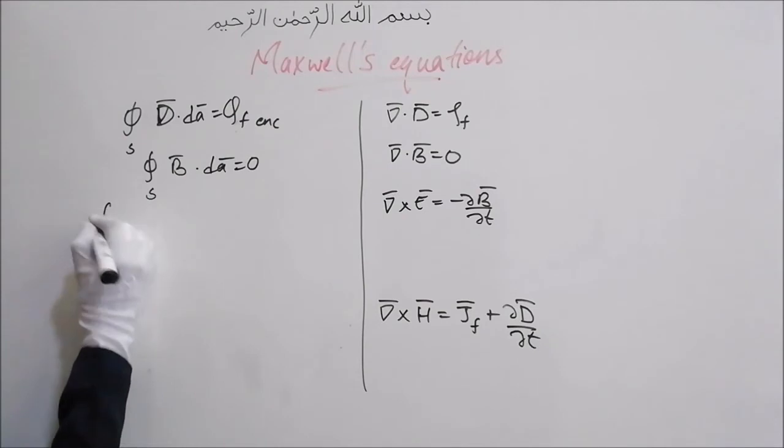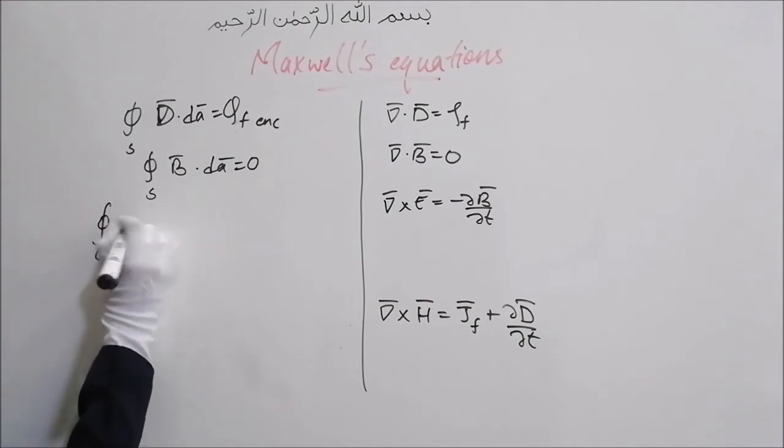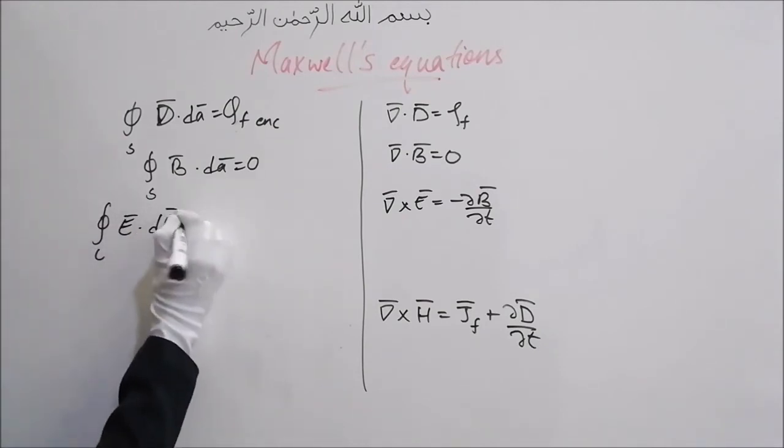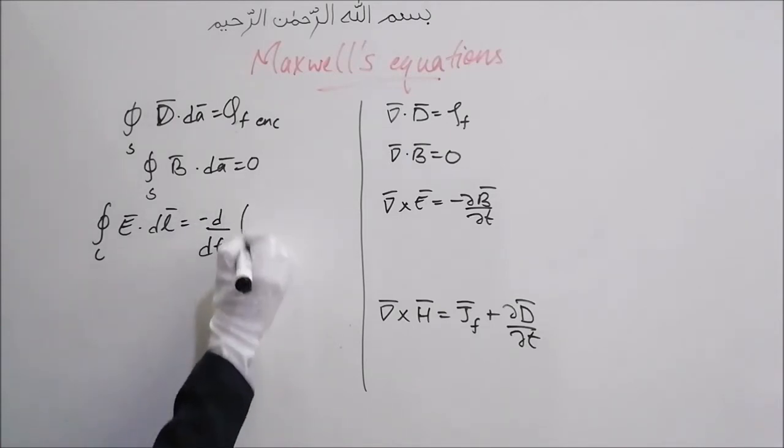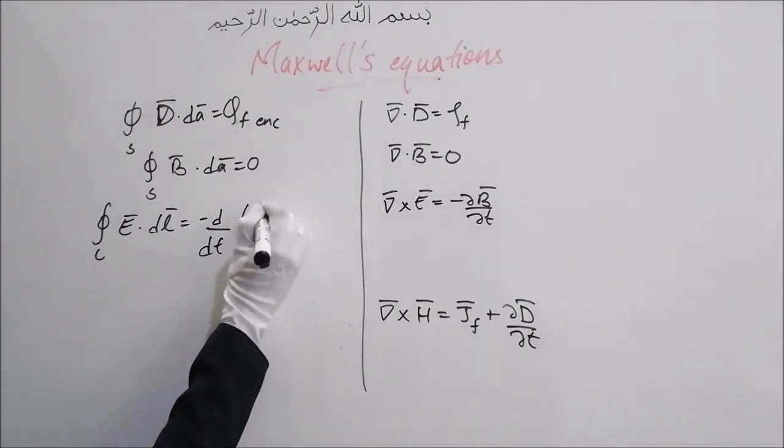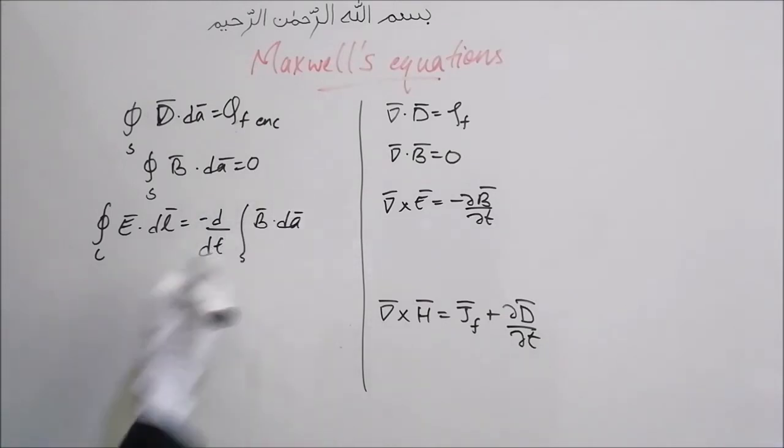Closed integration over the curve C of E bar dot dL bar is equal to minus d by dt of integration over surface S of B bar dot dA bar.